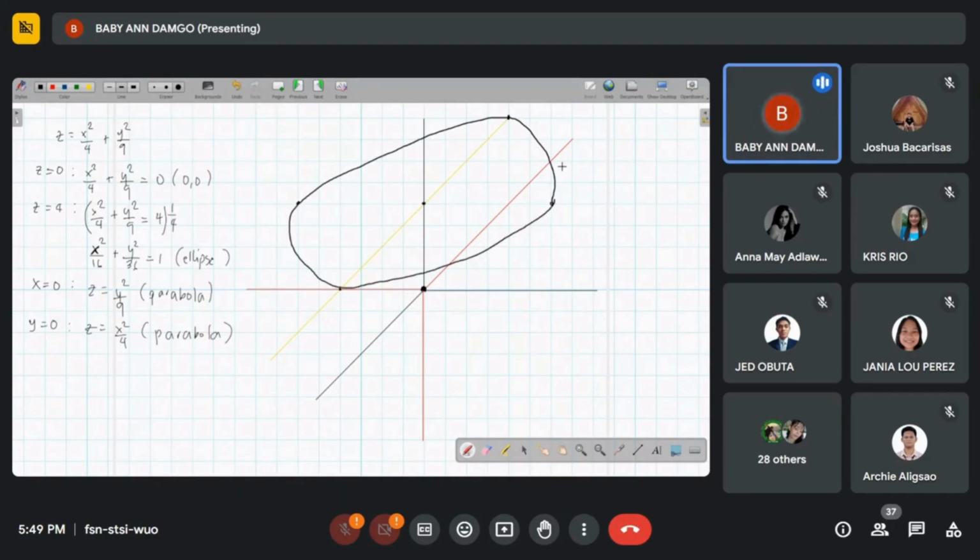Okay, next. So when x is 0, so mangita tag way kung asa nimo intersect ang z equals y squared over 9.